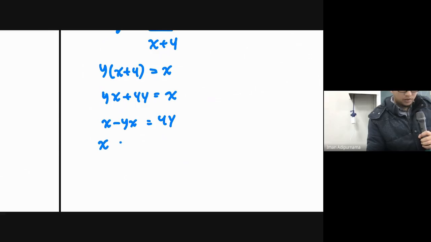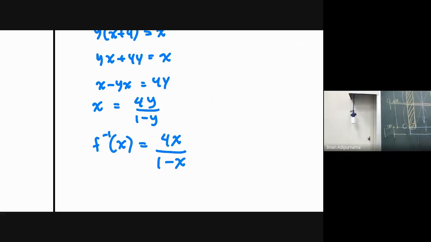So x is for y over 1 minus y. So f inverse of x is, okay. Okay, got it.